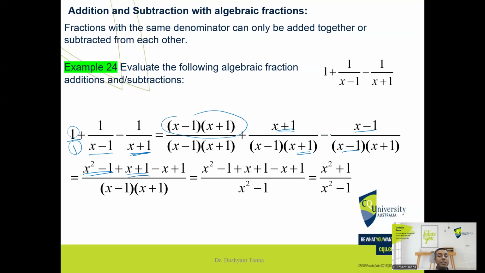This is plus x plus 1 and minus of x plus 1. Then cancel what you can. This is gone, this is gone. The left is x squared plus 1 divided by x squared minus 1. Simple. Any questions? Understand that?